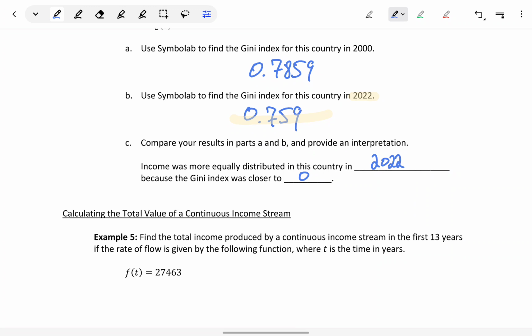And as kind of just an additional comparison here, I looked this up just to compare this to something real, since these are arbitrary numbers in this problem.